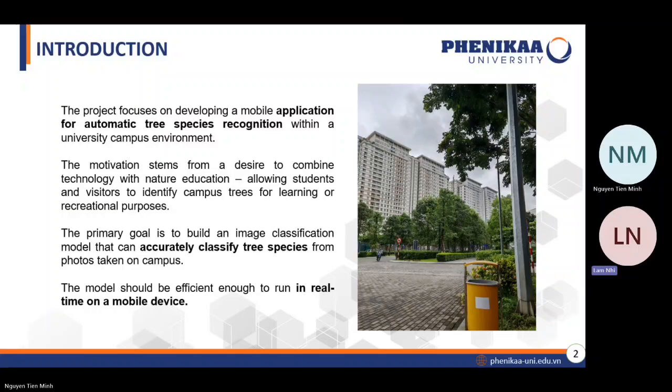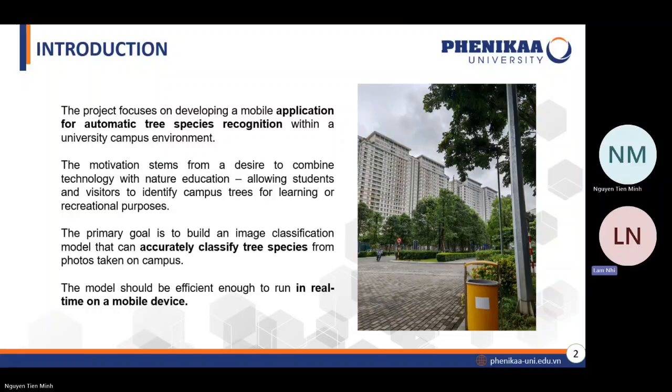The motivation stems from a desire to combine technology with nature education, allowing students and visitors to identify plants for learning or recreational purposes. The primary goal is to build an image classification model that can accurately classify tree species from photos taken on campus.